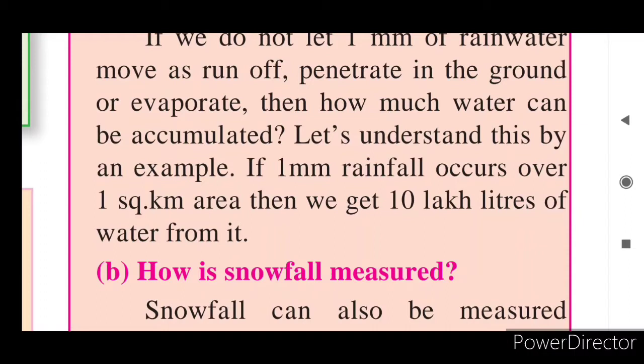If 1 millimeter of rainfall occurs over a 1 square kilometer area, we get 10 lakh liters of water from it. So that particular region will get 10 lakh liters of water.